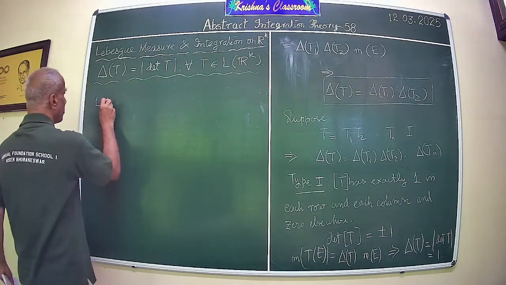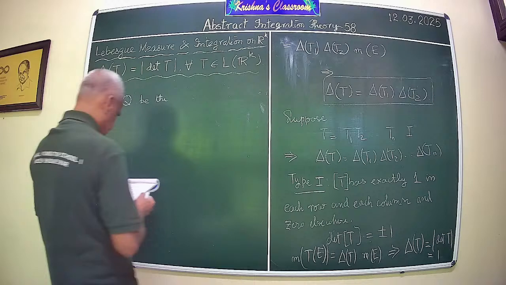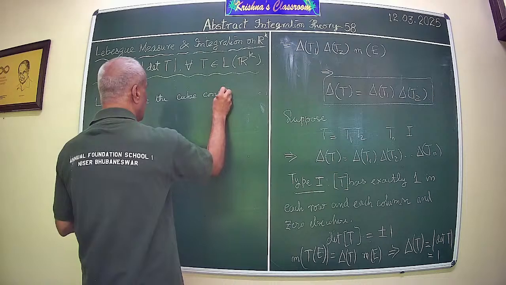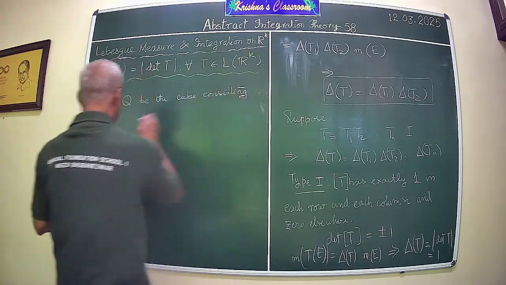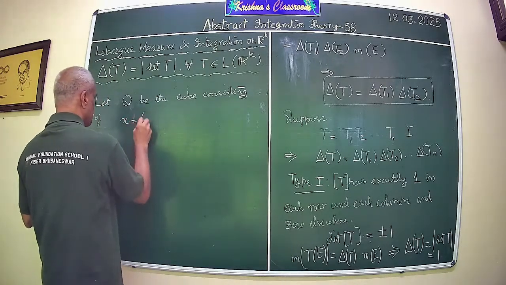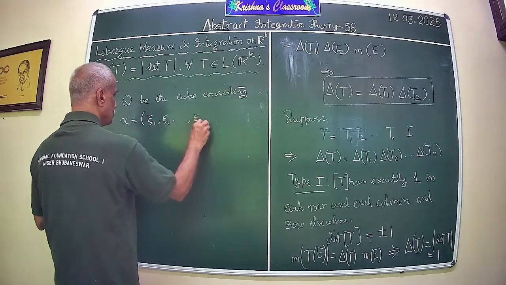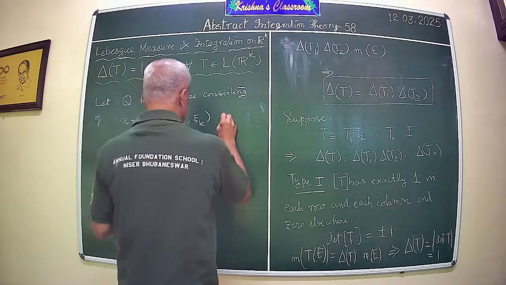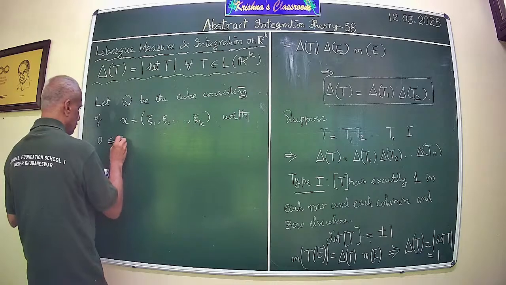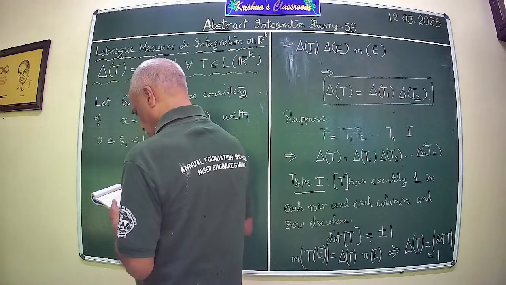Let Q be the cube consisting of, say, K, this is the unit cube that you are considering.